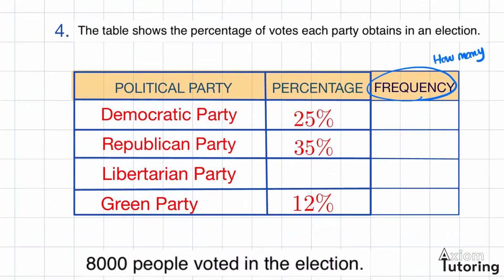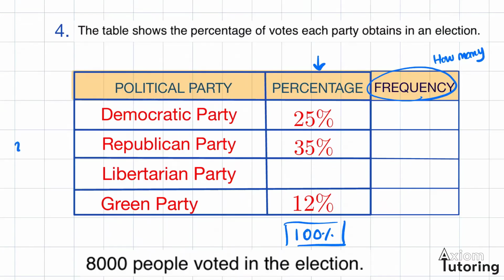So the first thing that we do is complete this column here. Percentages have to add up to a total of 100% if all the categories have been accounted for. So we can add up 35 and 25 and 12, and we should get 72.